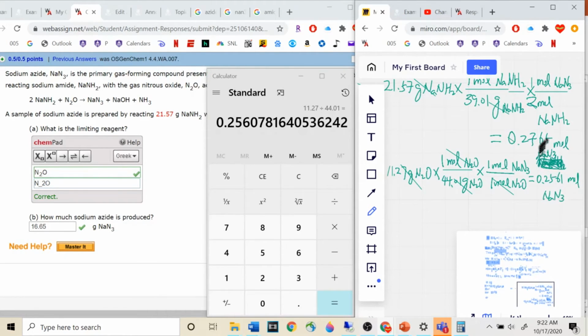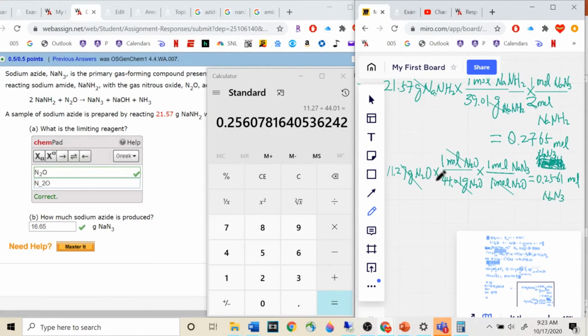So now we'll compare the two mole values for the desired product NaN3. See which one is smaller. Of course, this one is smaller. So therefore, the reactant that yields this smaller number of moles of the desired product is the limiting reactant.